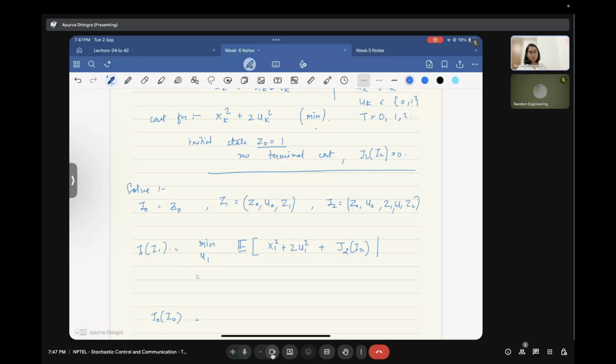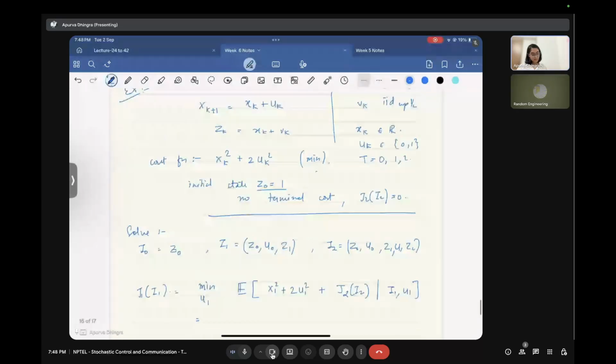And we have to put the conditional. The conditional is I1 and the action u1, I guess. Is that correct?